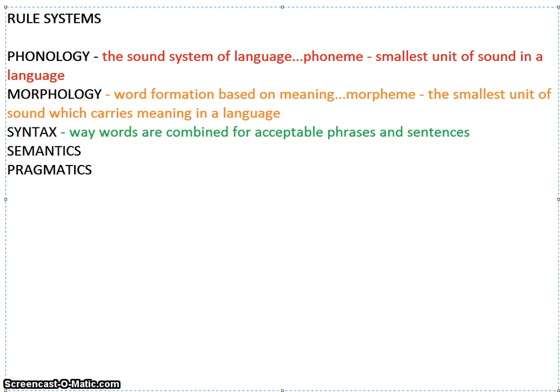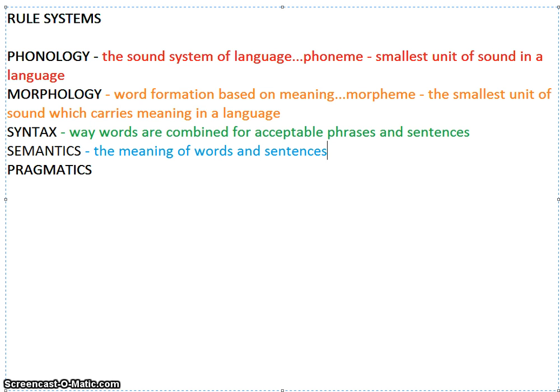So word order matters. It also matters the way words are combined to make sense, not just the word itself. The basic word is morphology, but how you combine them is semantics. So semantics is the meaning of words and sentences. So you could have a sentence with appropriate syntax, but if it's inappropriate semantics, it's also not going to be correct.